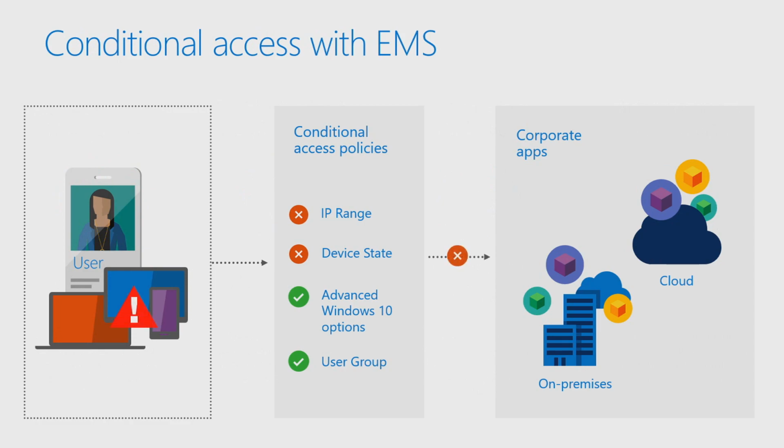Using conditional access capabilities in EMS, organizations are able to restrict access to cloud and on-premises resources based on user health and device health. User health can be defined based on IP range, user group membership. For device health, it can be defined based upon if the device is managed by Intune and is compliant based on the policies set by the IT administrators.